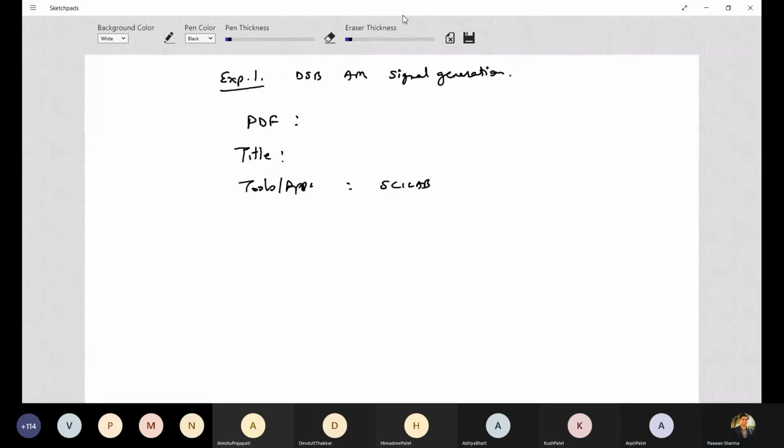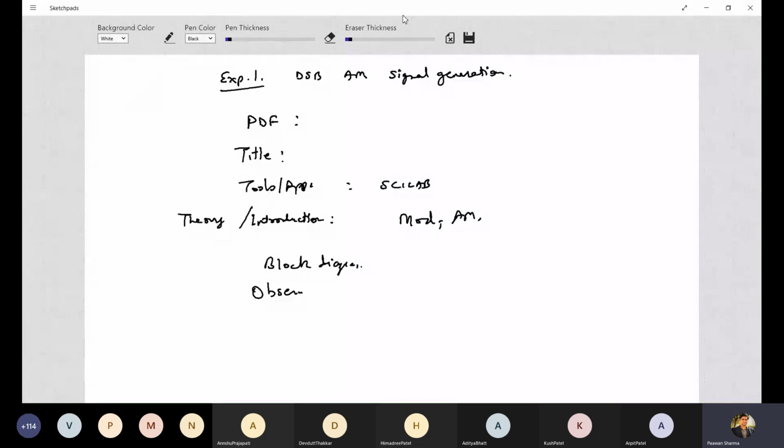Then you have to define the methodology. You have the introduction, or theory part, where you will write about modulation, AM, advantages, all those things, and in between a block diagram.